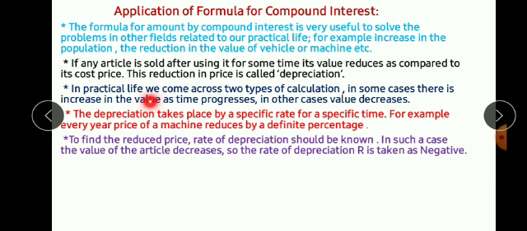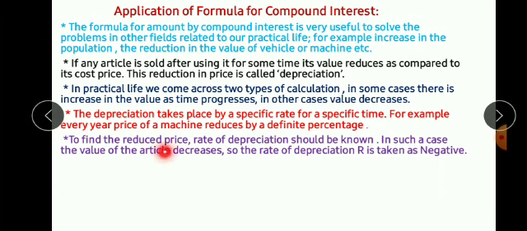In practical life we come across two types of calculation. In some cases there is an increase in the value as time progresses, and in other cases the value decreases. Then the depreciation takes place by a specific rate for a specific time. For example, every year the price of a machine reduces by a definite percentage.